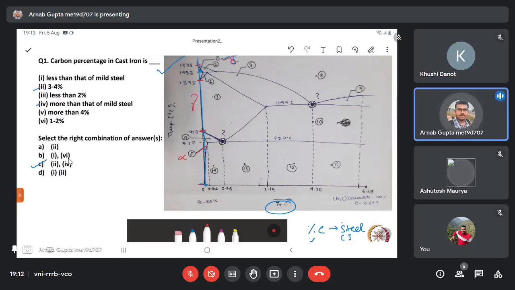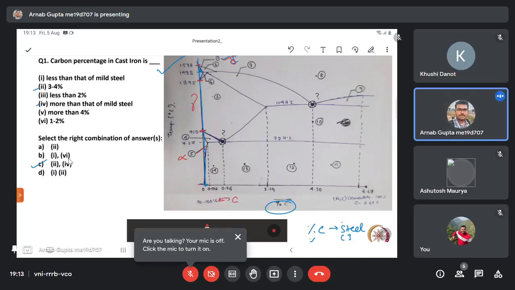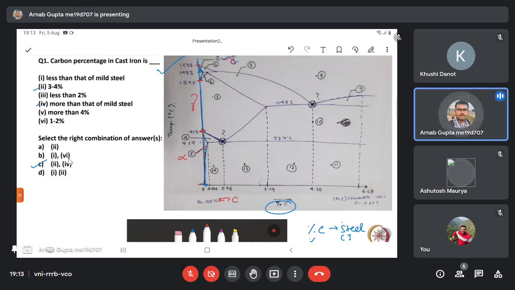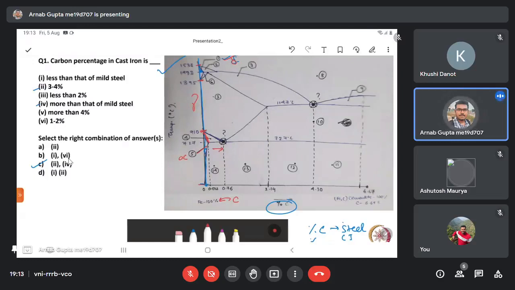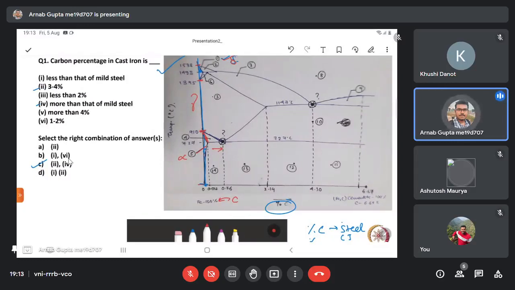Now if we slowly keep on adding carbon to it, the temperature at which we attain a particular phase changes. As we are increasing carbon in this direction, the temperature at which we can experience the transition from alpha to gamma phase is changing. Moreover, there is no single temperature at which this transformation occurs.